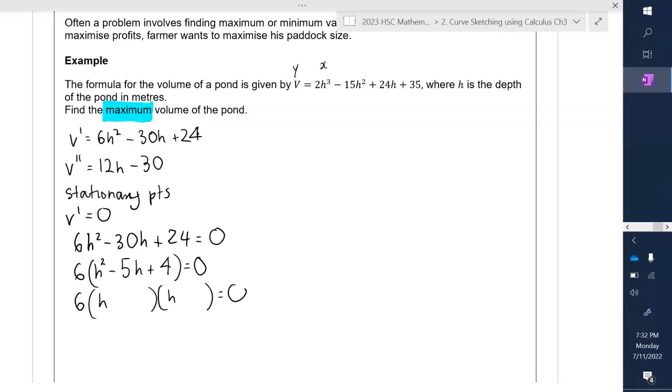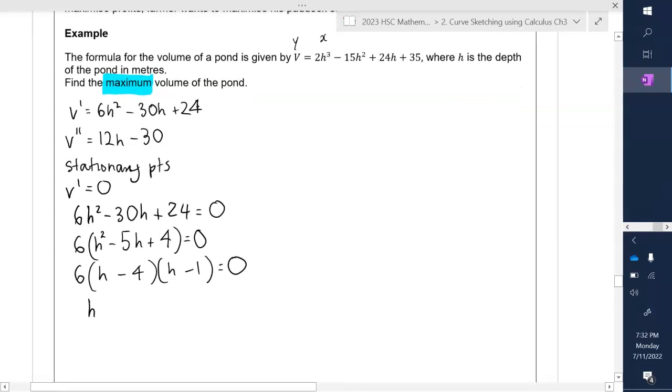So we're looking for values that can multiply to 4 and add to minus 5. We're going to have minus 4 and minus 1. Minus 4 times minus 1 is 4. Yep, that works. Minus 4 plus minus 1 is minus 5. Okay, so we're going to have stationary points of h is equal to 4 and h is equal to 1. Well, they're our first variable.